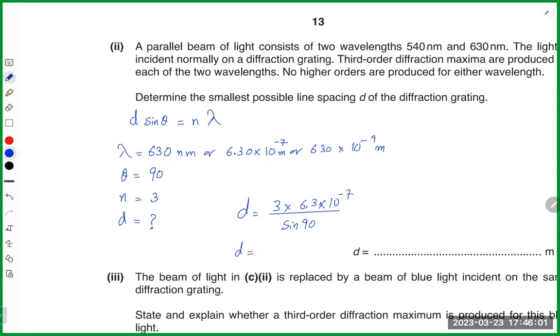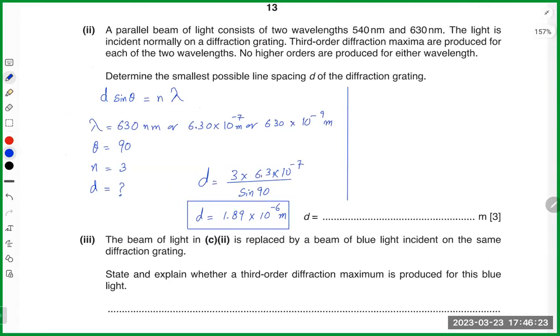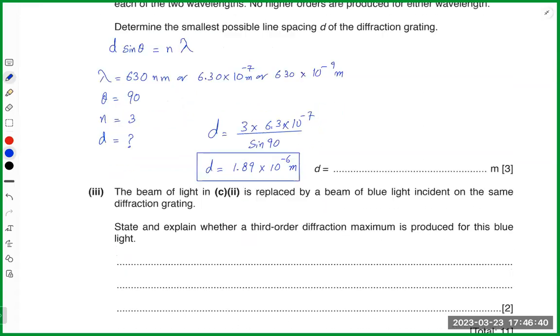So d is 1.89 into 10 to the power minus 6 meters. To confirm your answer, you can find out d with the other wavelength as well. But that will not make sense because that will be bigger than this one. So this will be the smaller answer.